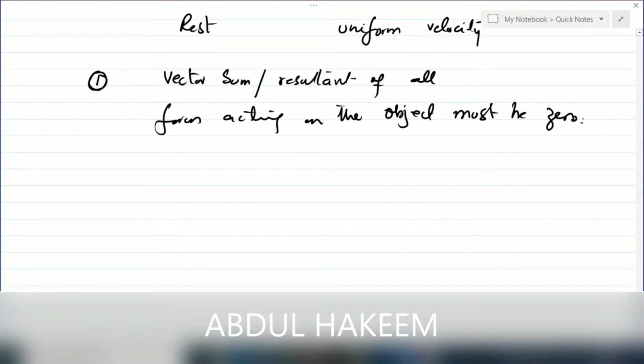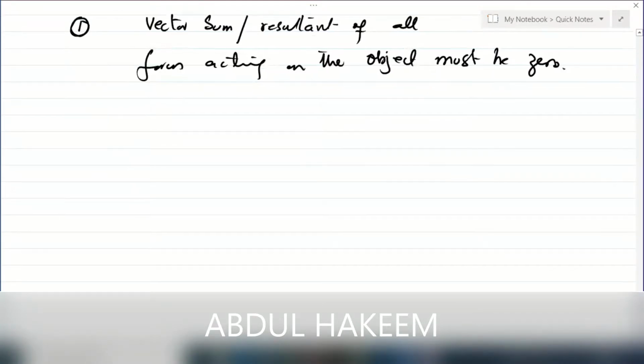The vector sum of all the forces acting on the object must be zero. Mean the forces which are acting on the object, if added according to the head to tail rule, the resultant of the forces must be zero.